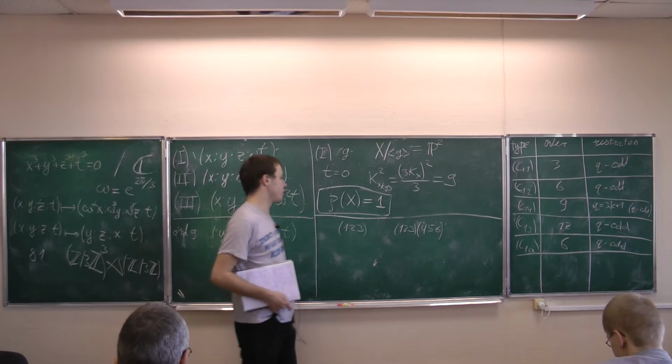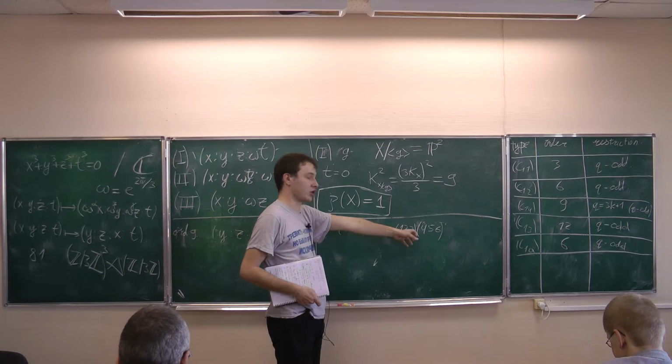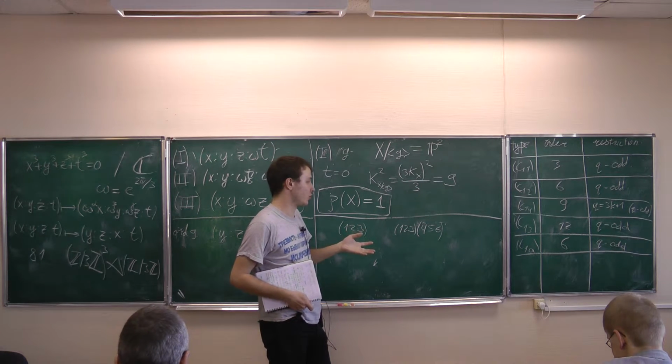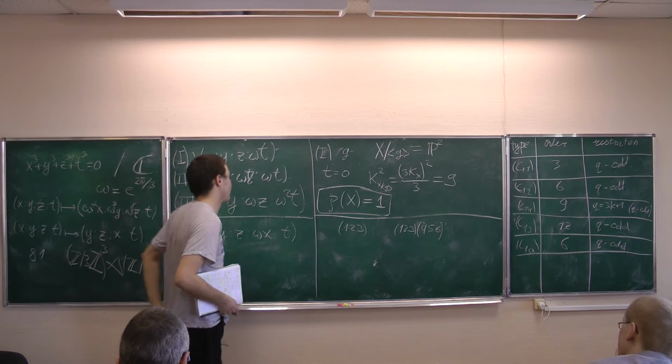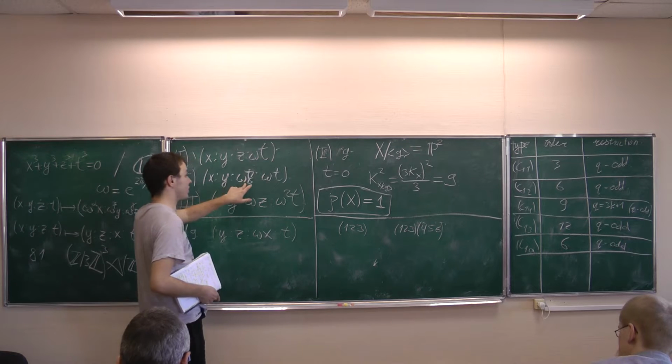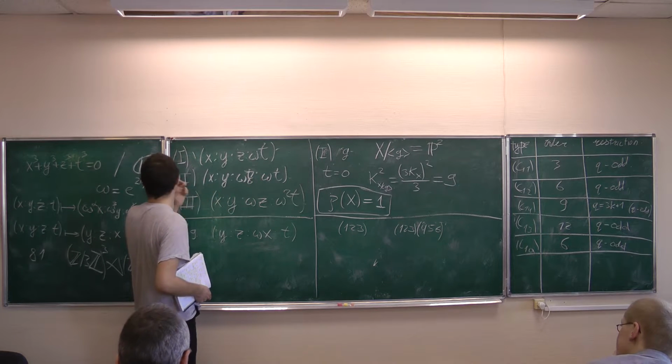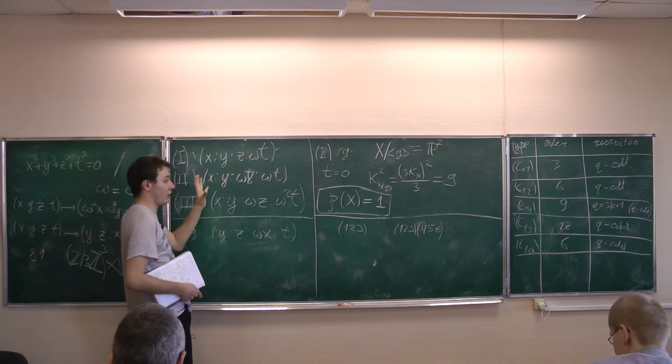And also we can see that for this action, the group doesn't have invariant lines on the cubic surface. And for this action, it has invariant lines. And in this situation, we have an invariant line, for example, x equals minus y.